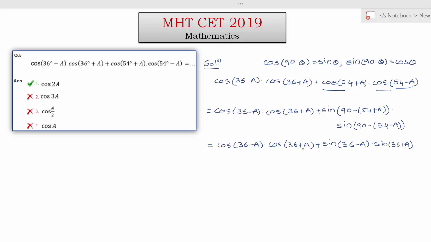So this is in the cos A cos B plus sin A sin B form. This is cos of A minus B, that is 36 minus a minus 36 plus a. 36 gets cancelled and we get cos of minus 2a. Now cos of minus theta is just cos theta.